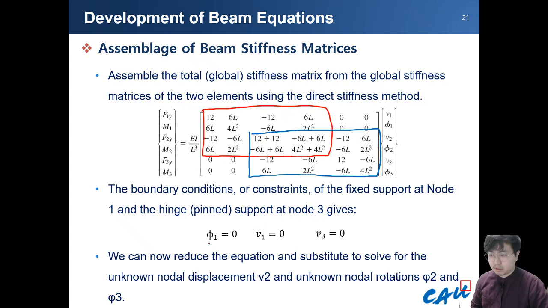In the previous slide, the first node is fixed. That means that rotational movement and displacement are fixed. But in the third point, I mentioned here, I thought that this has the same boundary condition as the wall, but here there is no movement, while it can rotate freely, so we have only 3 degrees of boundary condition.